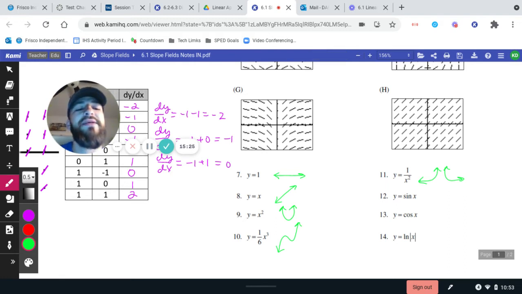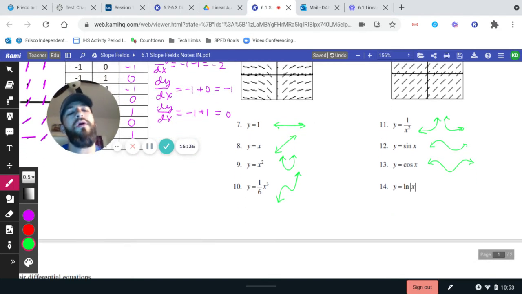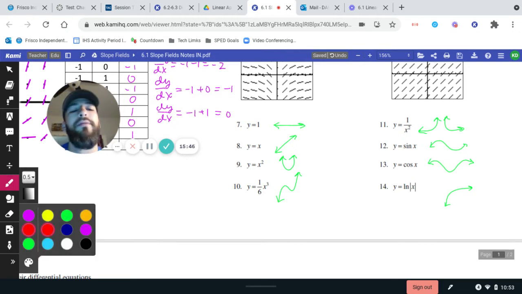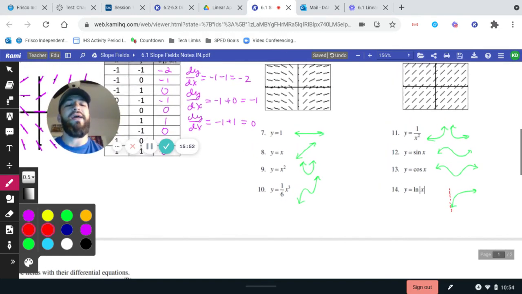Sine of x is that sine curve, so it creates the S shape. Cosine of x is the cosine curve, so it creates that C shape. And then natural log of x, this is probably one you don't know by heart, but is that upside down exponential function with a little asymptote of the vertical variety on the side.